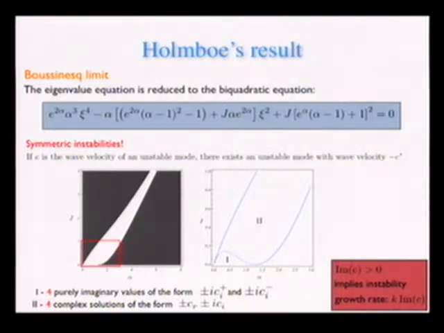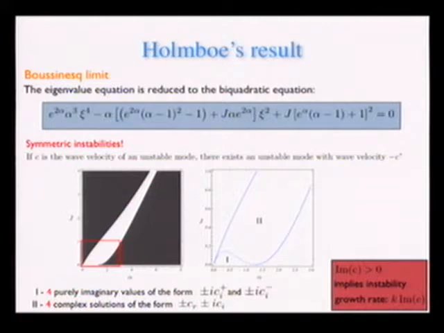And if you zoom out here, on this region, you actually realize that there are two distinct mechanisms. There is one region, region 1, where all the solutions of this quartic or biquadratic are of this form, plus or minus i c_i plus and plus or minus i c_i minus.